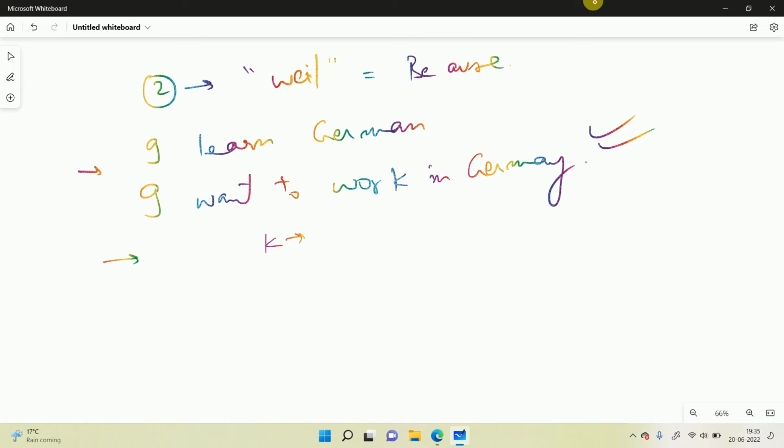So what I want to tell you is, in the case of when, you were able to convert the two sentences either way you feel like. But it's not always the case with every conjunction, because grammatically it may be correct, but practically it will be wrong. I want to work in Germany because I learn German will be absolutely wrong. But grammatically, if you go by the formula and verb places, it may be correct. So you have to take care. You can also say, because I want to work in Germany, I learn German. Yeah, that's perfectly fine.